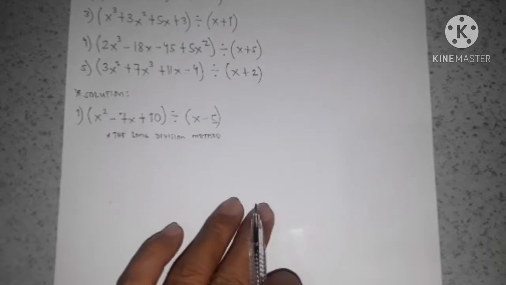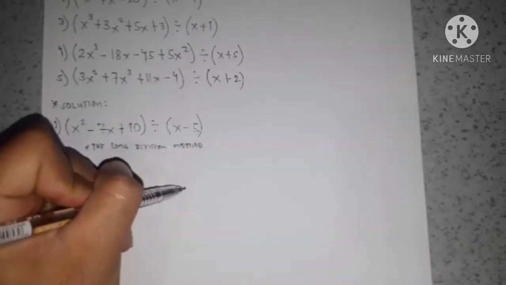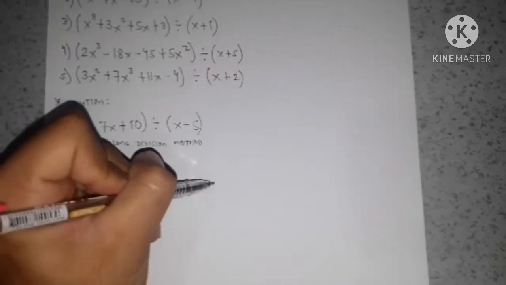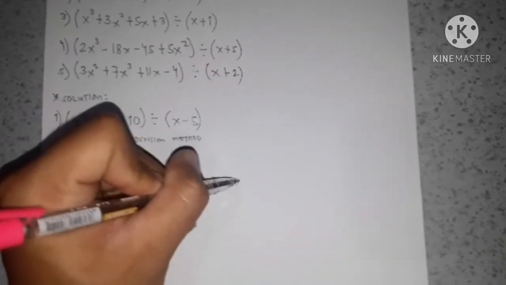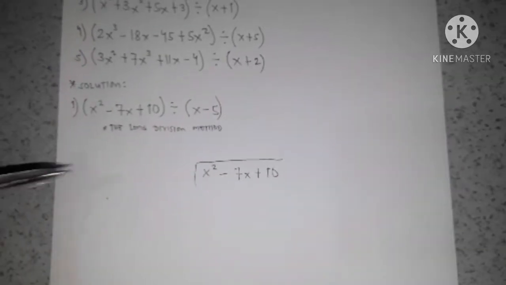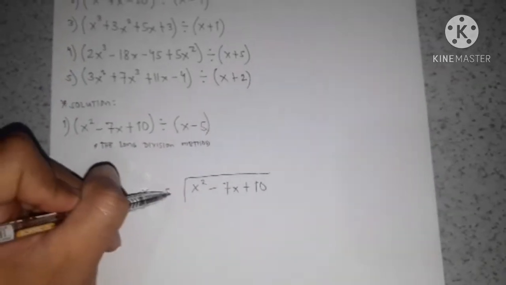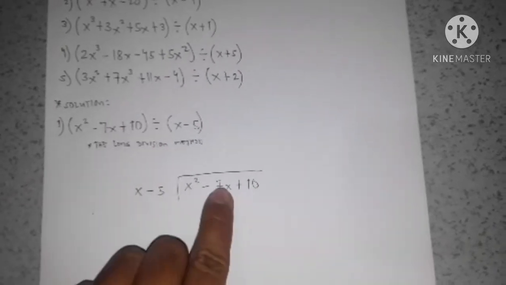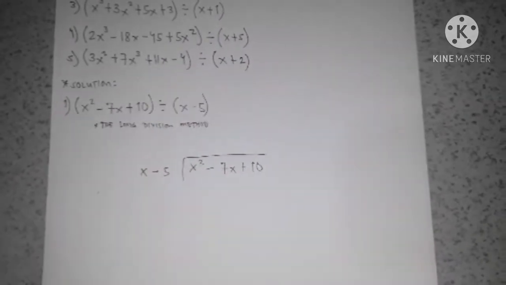We have, i-rewrite natin in this form: x squared minus 7x plus 10 divided by x minus 5. Again, laging nasa loob ay yung dividend, nasa labas yung divisor.